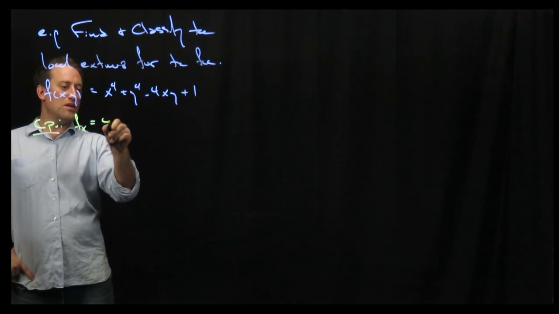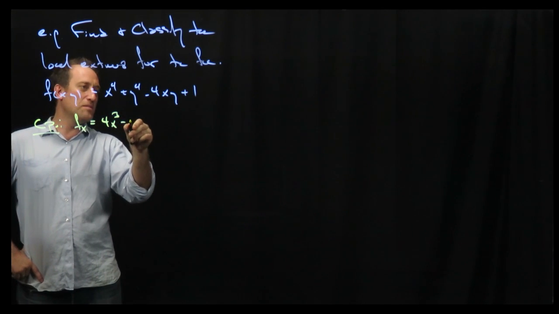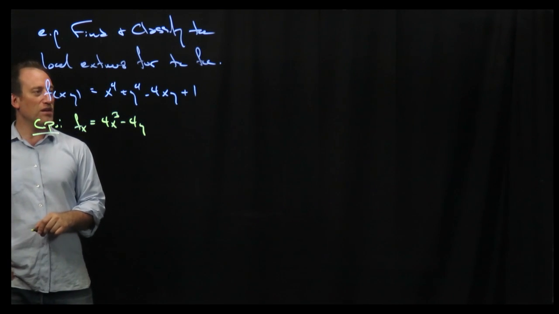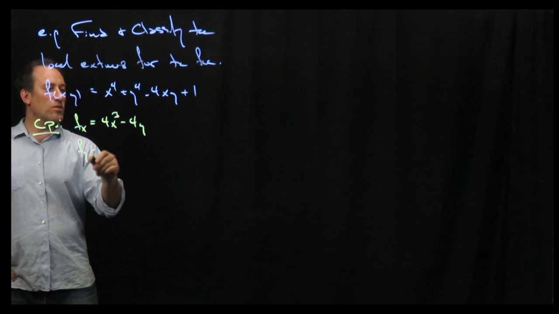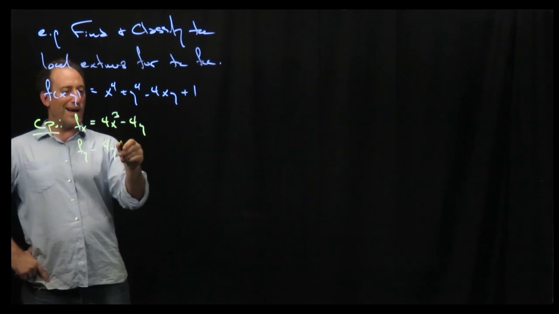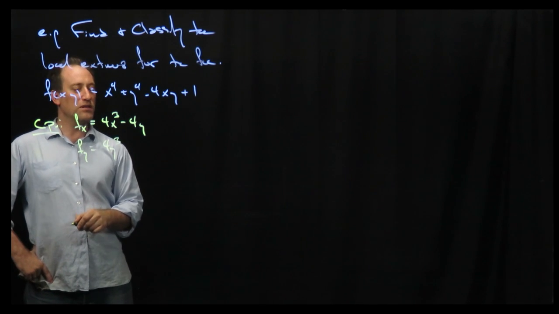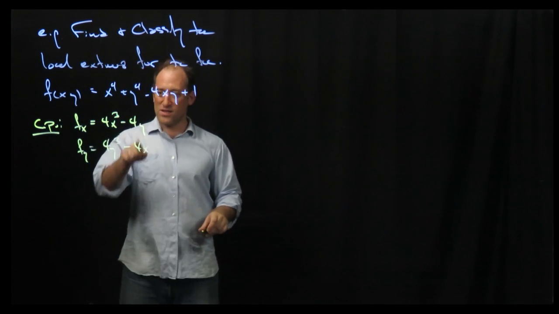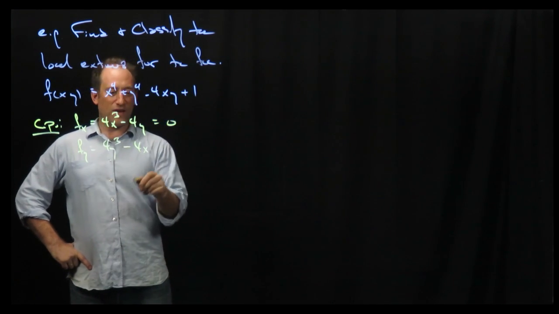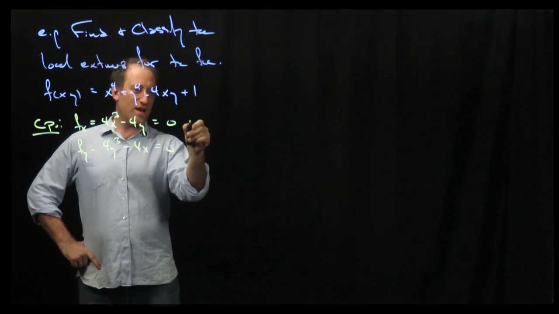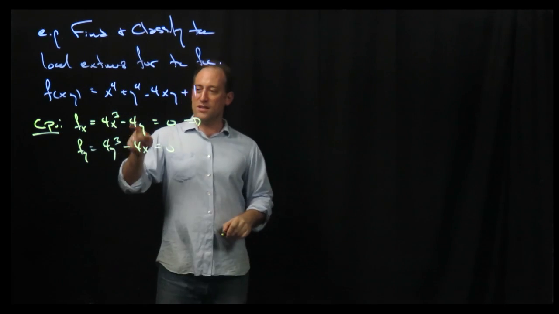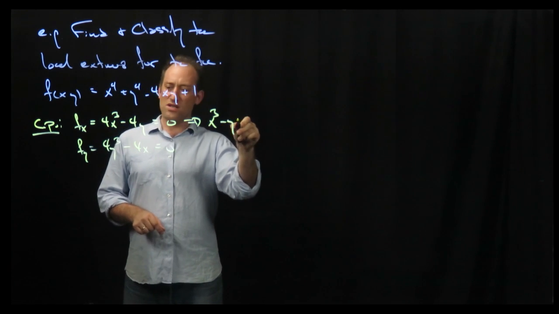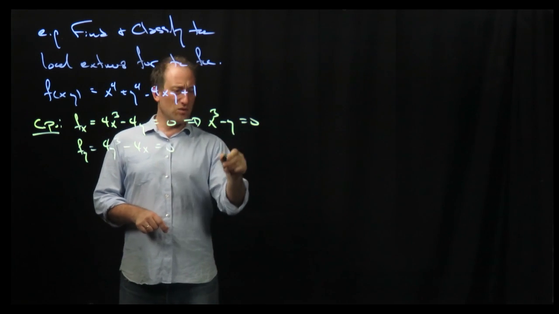f_x will be 4x cubed minus 4y. Aha, more complex already. And f_y will be 4y cubed minus 4x. All right, so if both f_x and f_y are 0, f_x being 0 tells me that x cubed minus y is equal to 0.